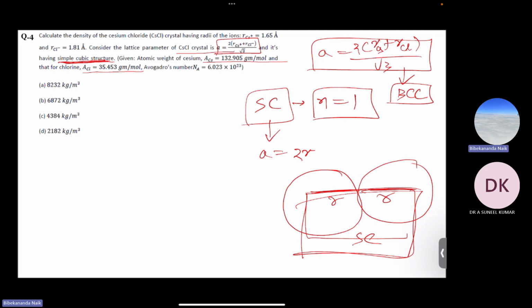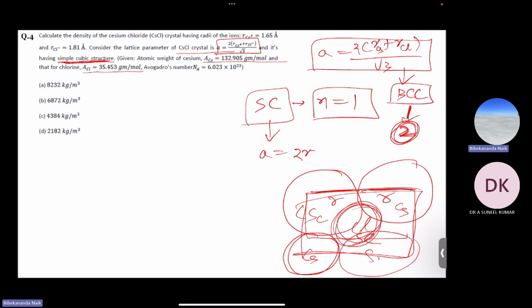So we will take one cesium and one chlorine. So there are two atoms, just as in body centered cubic there are two atoms per unit cell. There is one chlorine at the center, then cesium, cesium, cesium, cesium at the corners. That's why the relation is like this.